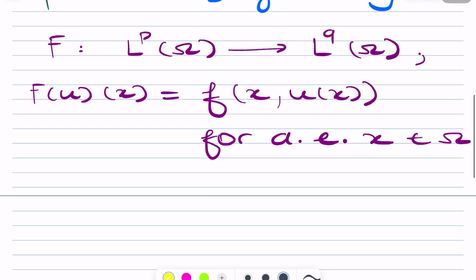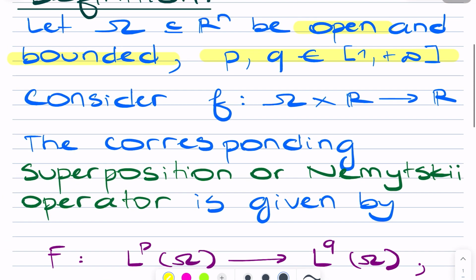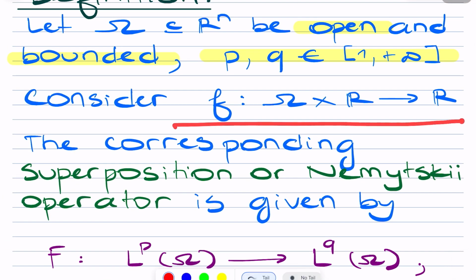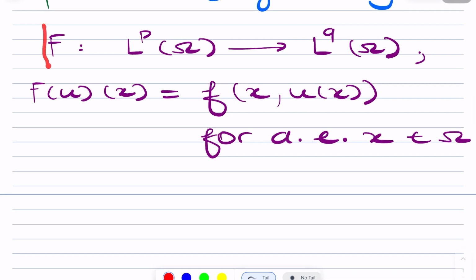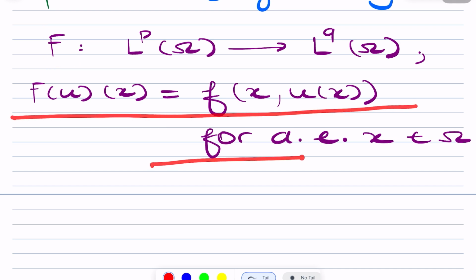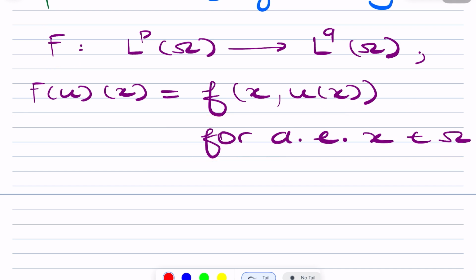So if you have a function little f, the corresponding superposition operator is the function capital F here, defined this way for almost every x in omega. It takes an element in L^p of omega and maps it to a function in L^q of omega. So this function here should be in L^q of omega.